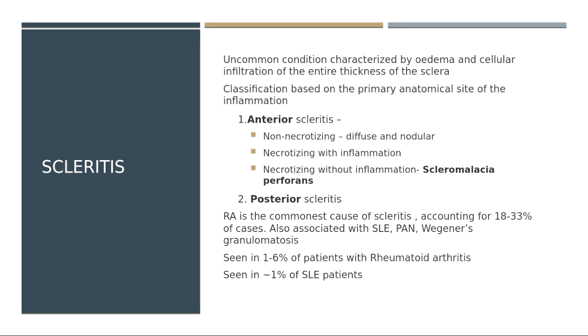Scleritis is seen in up to 6% of rheumatoid patients, and seen in approximately 1% of patients with SLE. But most patients who present with scleritis, you have to investigate them and rule out rheumatoid arthritis.